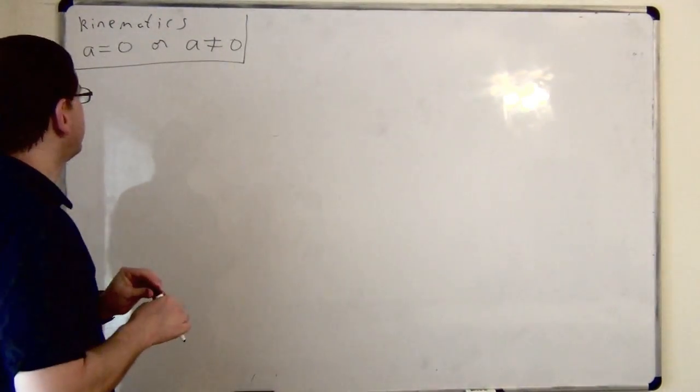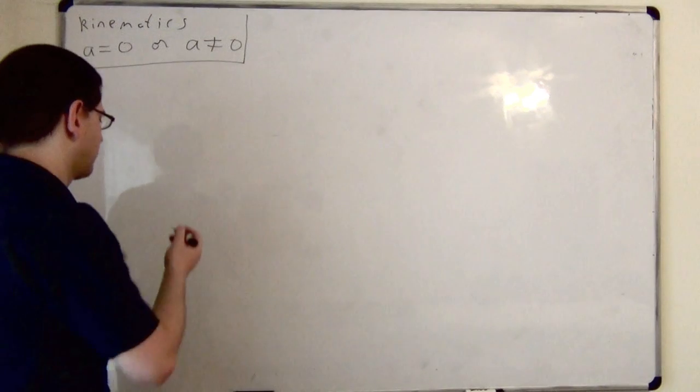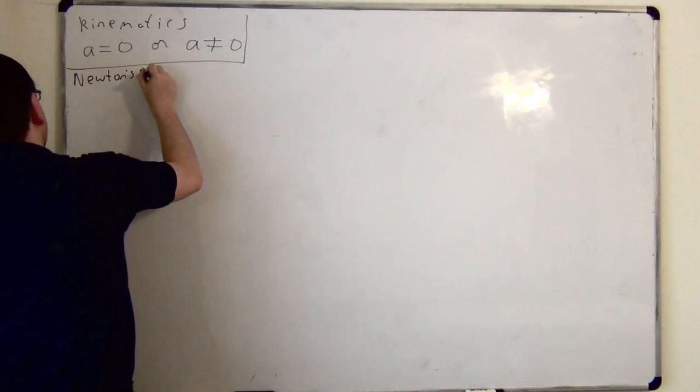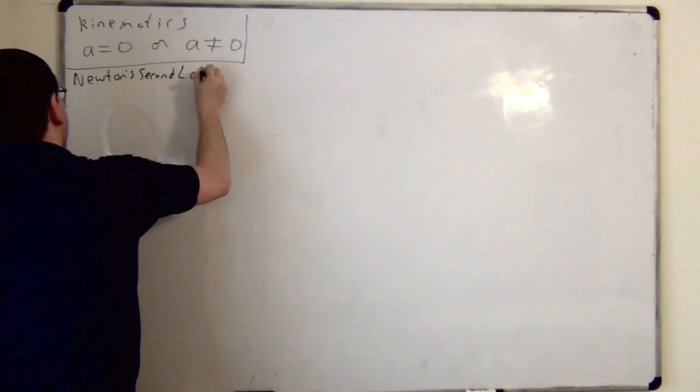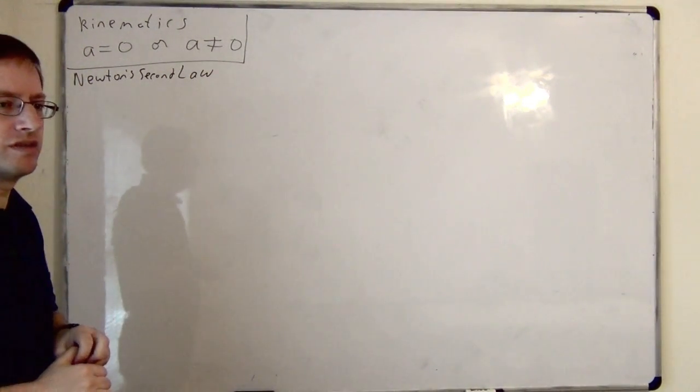Okay? What was our next framework? Newton's second law, or applying Newton's second law. Okay, well, what's the key equation that we write down to organize our work for Newton's second law?